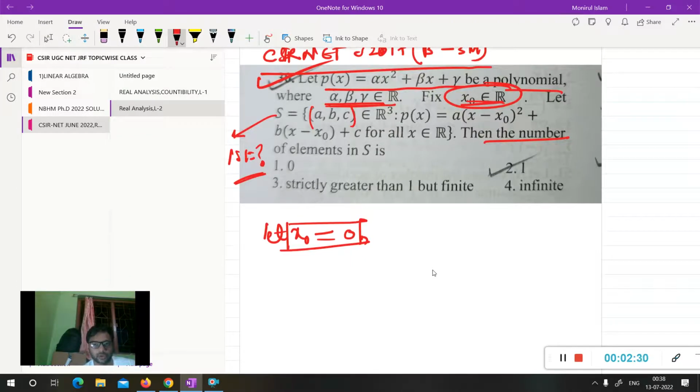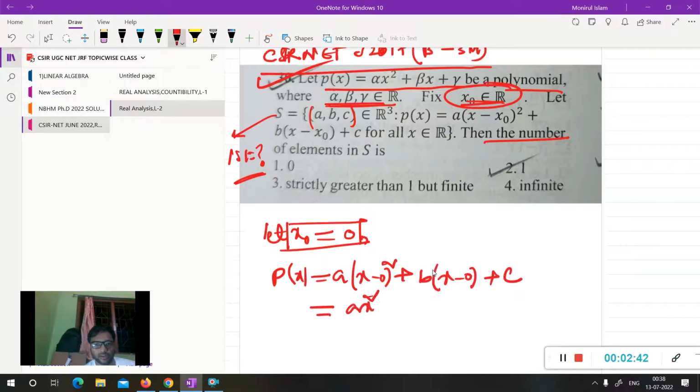Then P(x) becomes a(x minus 0) square plus b(x minus 0) plus c. This gives a x square plus b x plus c. This is our P(x).